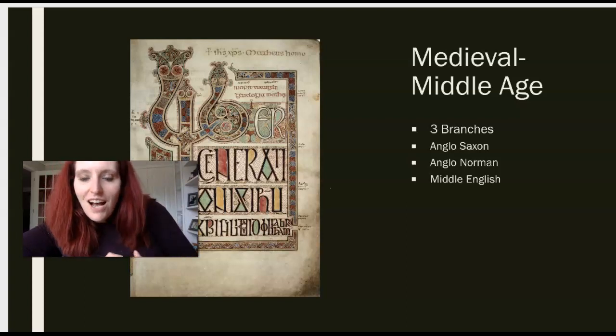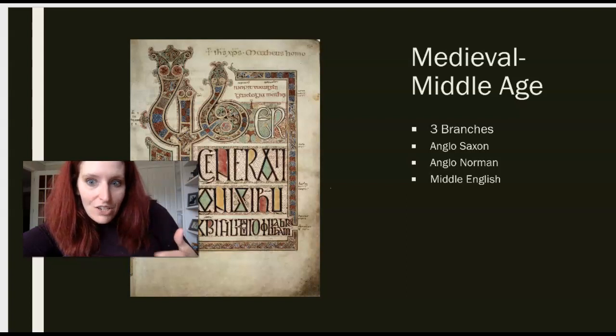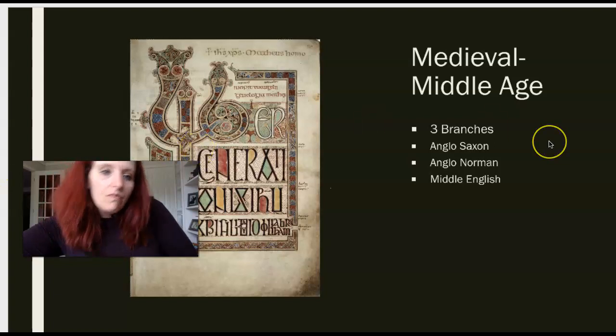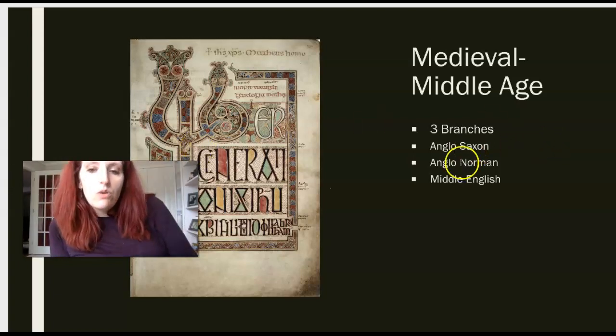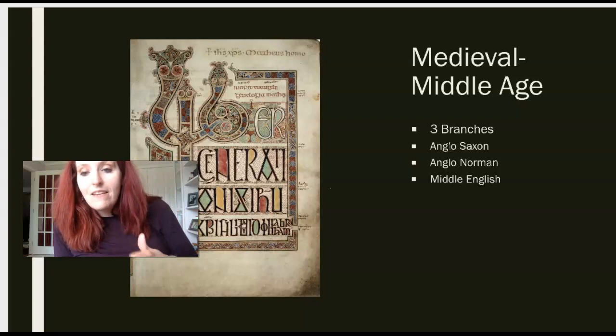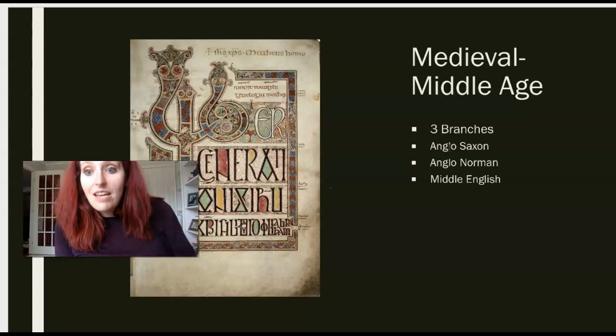And then, of course, there is the Middle English period, which is the last 2 weeks of our unit. So Anglo-Saxon, Anglo-Norman, and Middle English is a way to distinguish between the evolution of language. And we can see that progression if we look at them in those three sections.